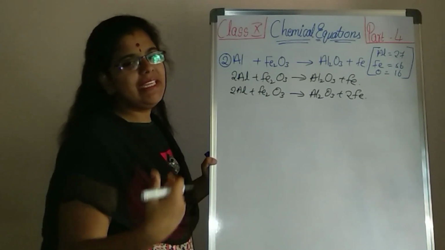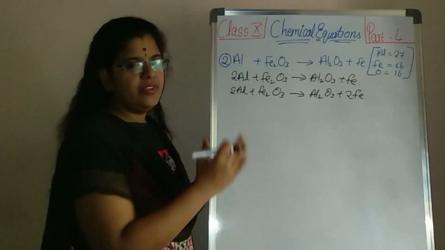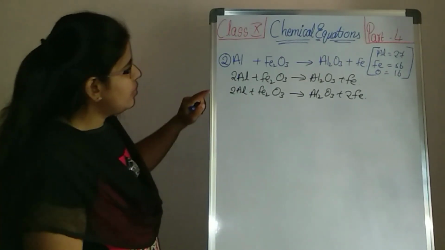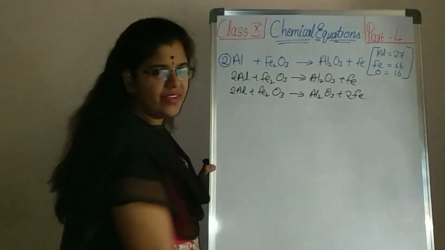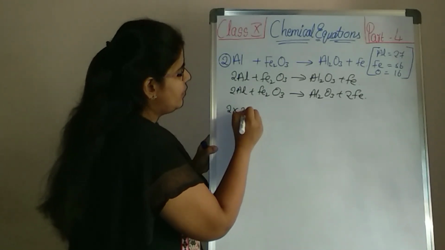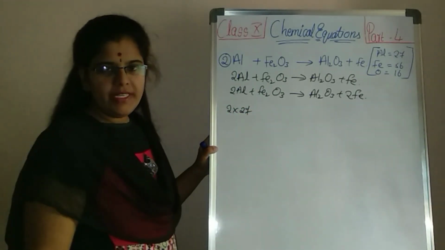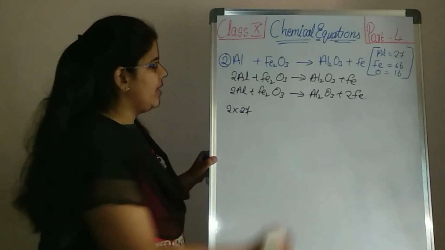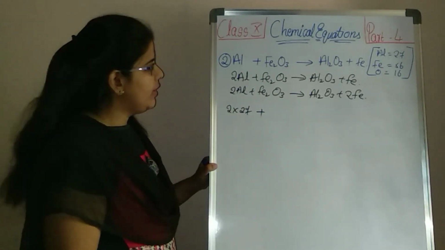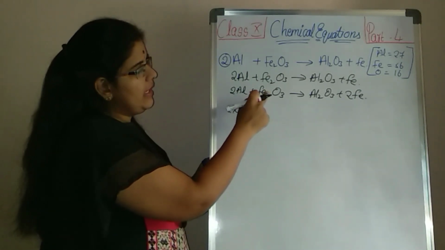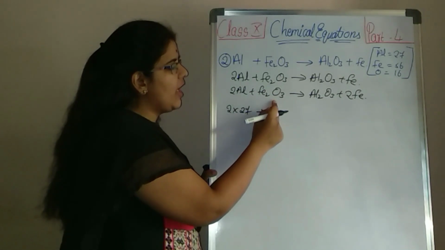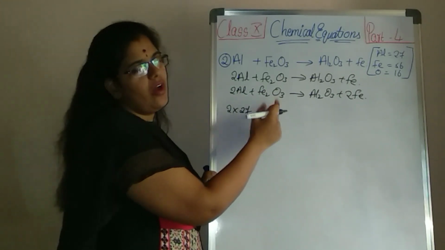Now we can calculate the weight of the reactants and see whether it is equal to the weight of the products. Here they have given the atomic weights for us. For 2Al, it is 2 into 27, as the atomic weight of aluminium is 27, plus, here 2 elements are there, so first you multiply the number of iron, and then add the number of oxygens.